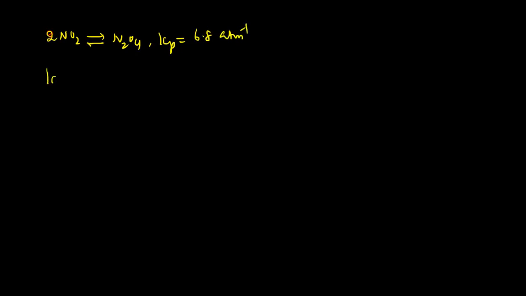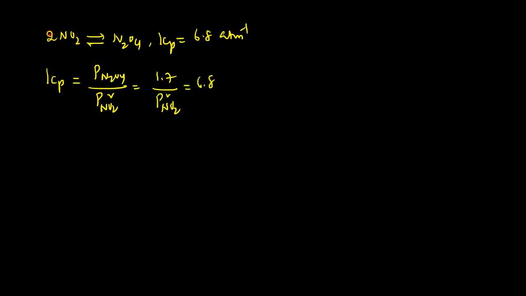The Kp expression is partial pressure of N2O4 divided by partial pressure of NO2 power 2. Partial pressure of N2O4 given in the question is 1.7, and that of NO2 we don't know. So partial pressure of NO2 whole square, Kp value given is 6.8.